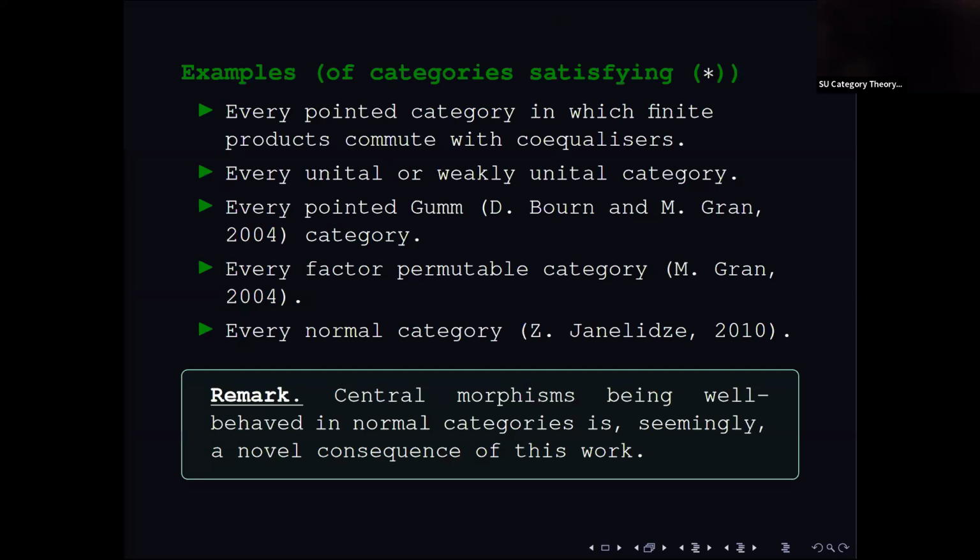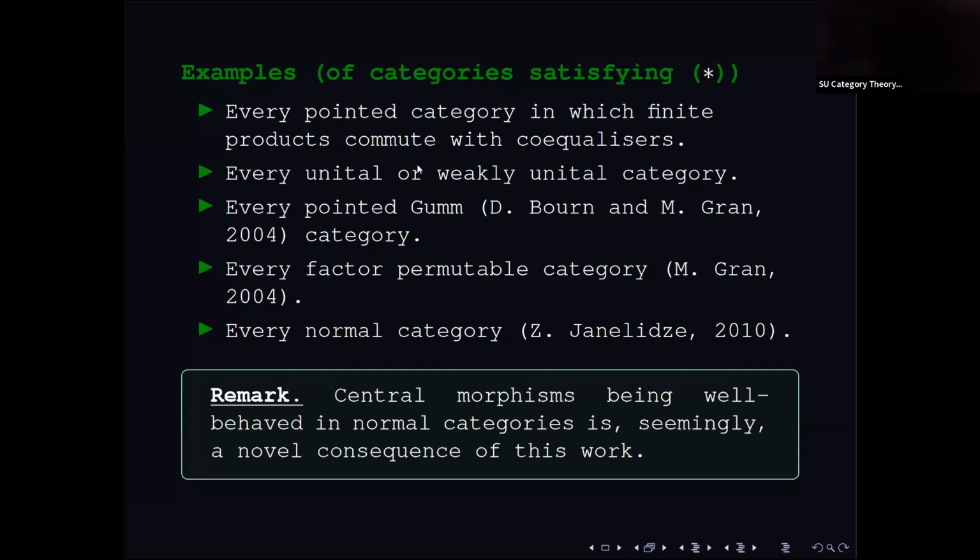Okay, so examples of categories satisfying the condition. Of course, as I've mentioned, every pointed category in which finite products commute with co-equalizers is the main example. But what about categories just satisfying this condition, without the commutativity of finite products with co-equalizers?